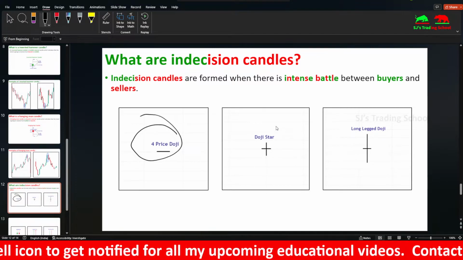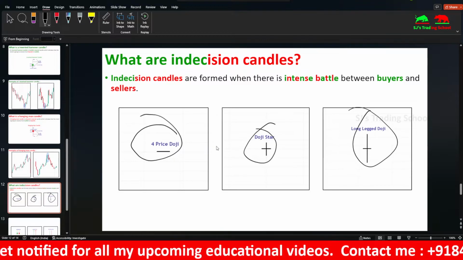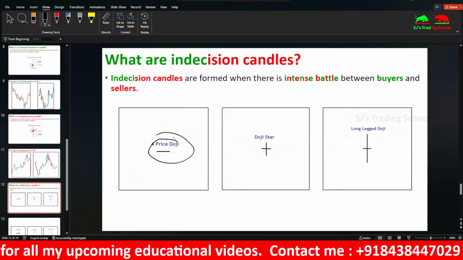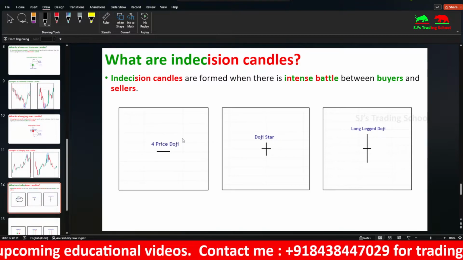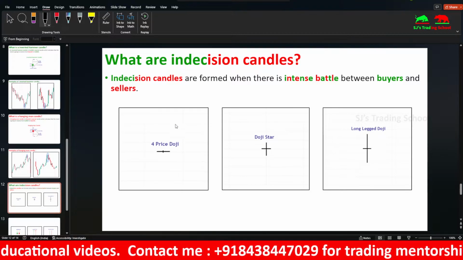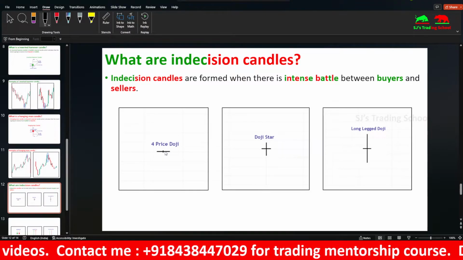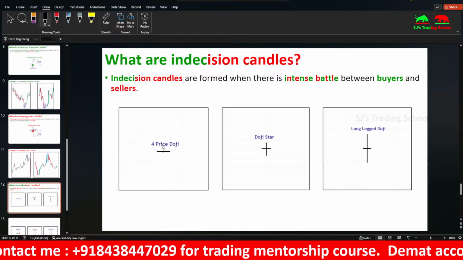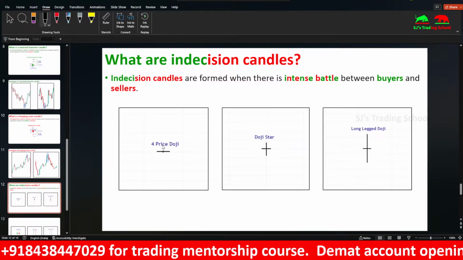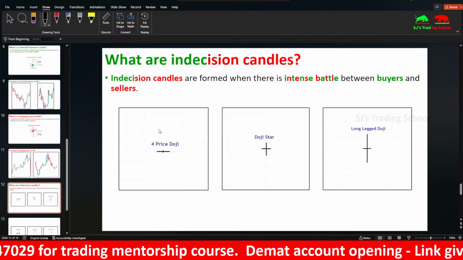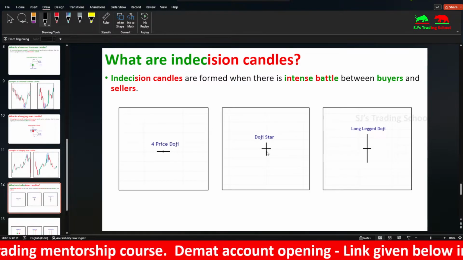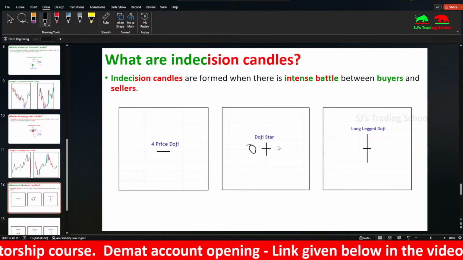So this is the four price doji, doji star and long legged doji. Here, usually trading doesn't take place. Or it might be like this: the open and close will be almost equal to each other, with a very tiny, minute difference.